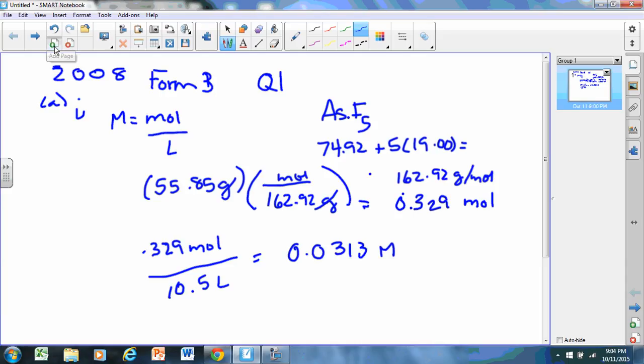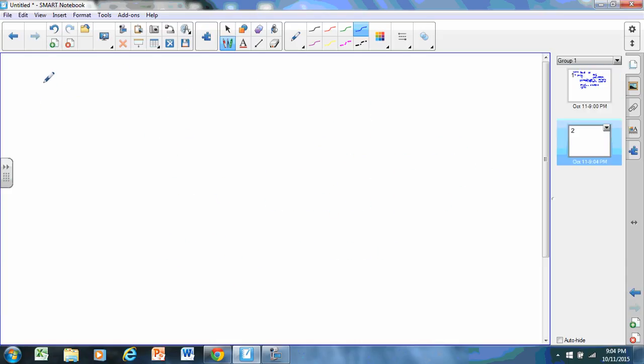So, okay, new page. So then A and now I says, what is the initial pressure in atmospheres of the AsF5 in the flask?